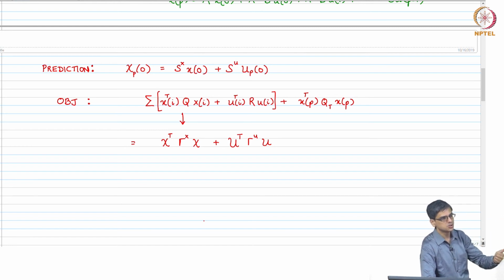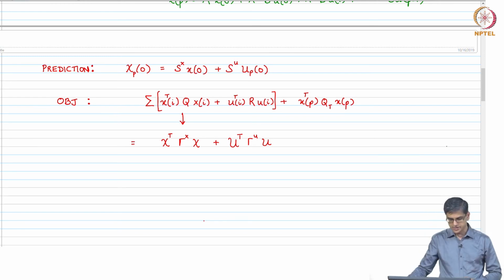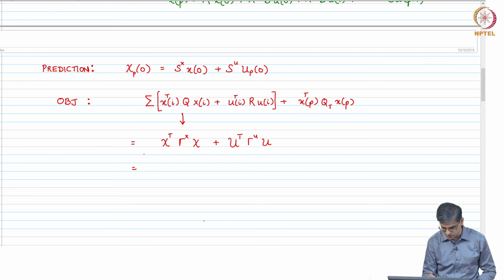LQR tells you what is the best way to do this in a quadratic sense, what are the best input moves so that you get the system from x0 to origin such that this particular quadratic objective function is minimized.